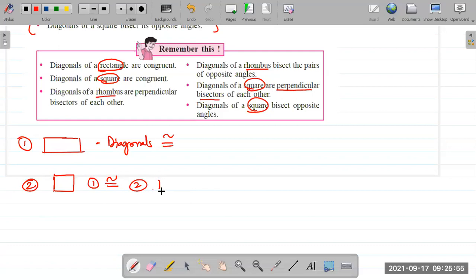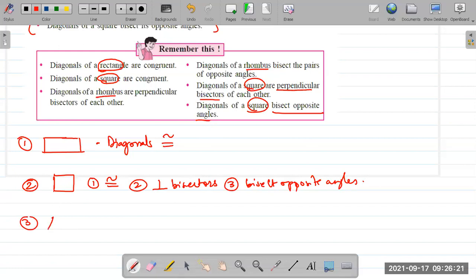So the symbol for perpendicular is this. Okay, they are perpendicular bisectors of each other. And the third property is that the diagonals bisect the opposite angles. All right.